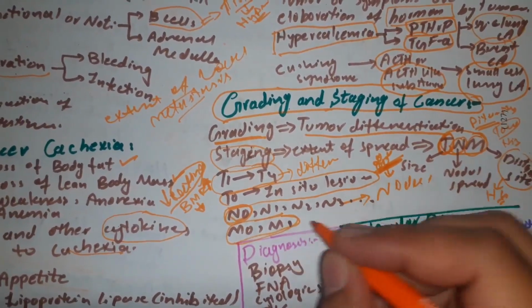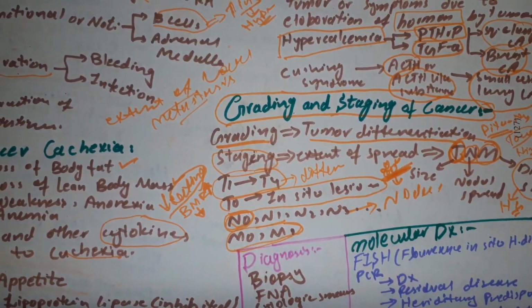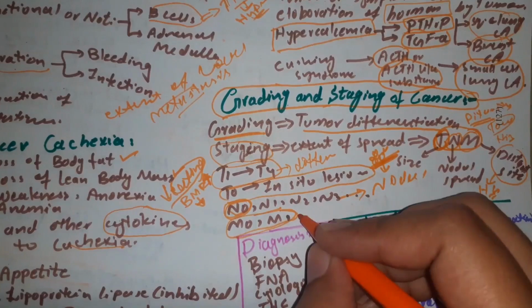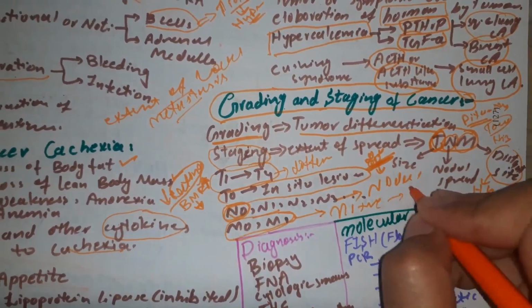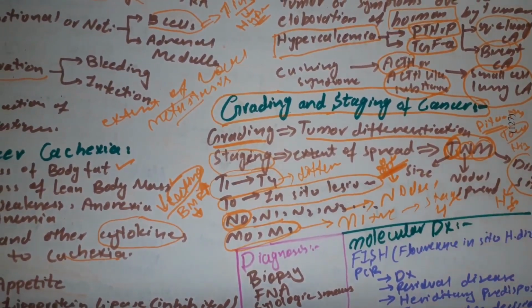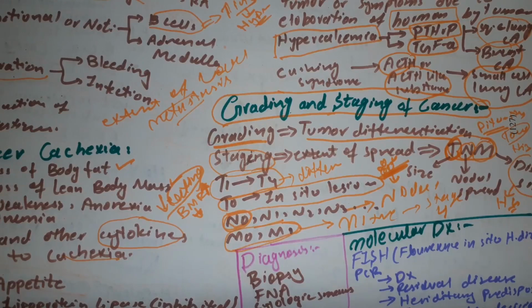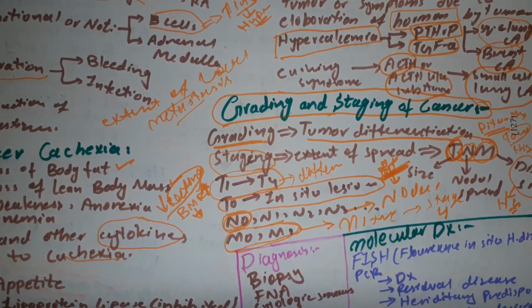If there is no distant metastasis, it is M0, and if distant metastasis is present, it is M1. And the tumors showing distant metastasis, the M1 positive tumors, are mostly stage 4 tumors. So grading was according to tumor differentiation, and staging was according to the regional and distant spread of the tumor.